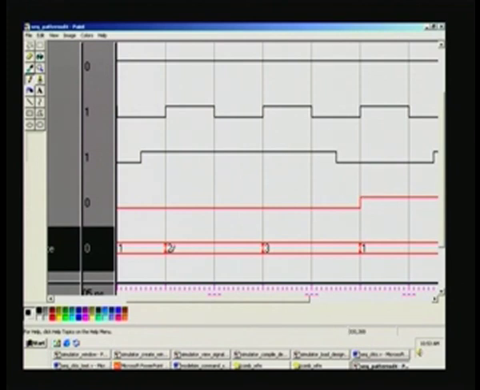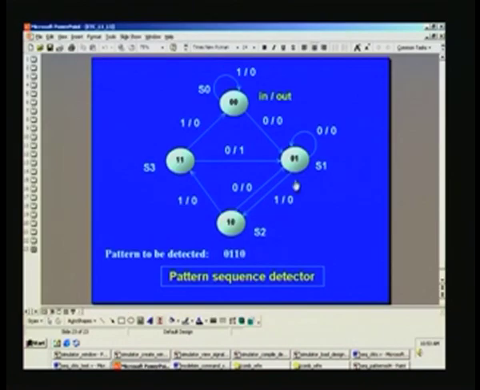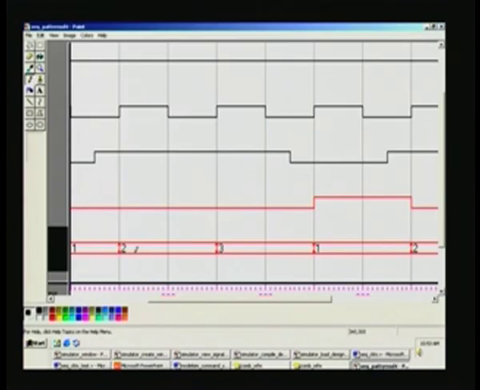So, you can see the 2 to 3 transition here. In S2, if it is 1, you go to 3. Is it correct?